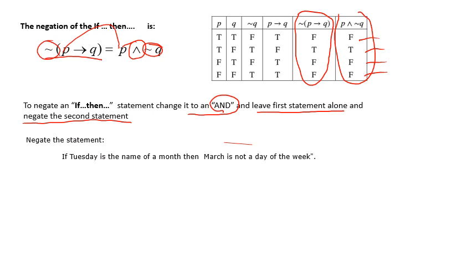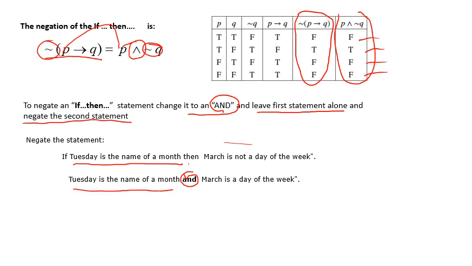So, I want you to negate the statement, if Tuesday is the name of a month, then March is not a day of the week. So let's negate that. Well, the above formula says we're going to take the if-then and convert it to an and. We're going to leave the first statement exactly the way it is.